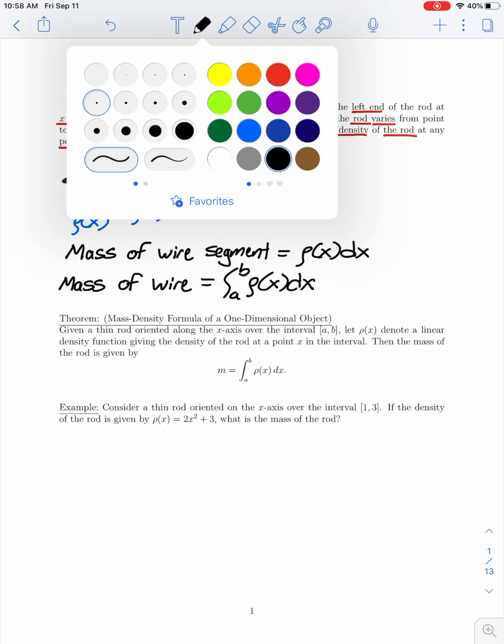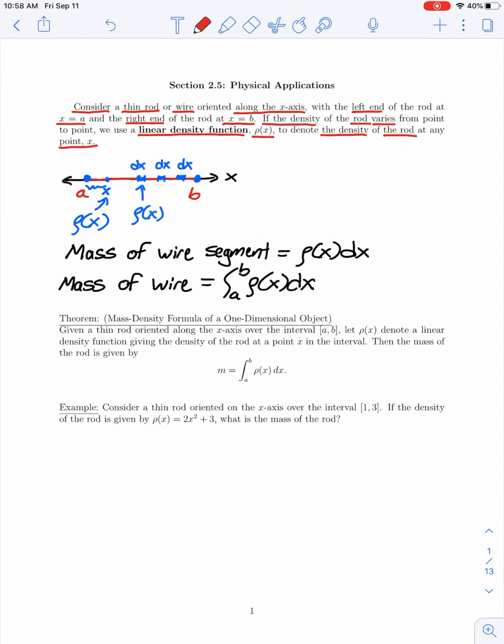So we arrive at the following theorem, which we refer to as the mass density formula of a one-dimensional object. Suppose that we're given a thin rod or perhaps a wire oriented along the x-axis on the interval from a to b, and let rho of x denote a linear density function, giving the density of this rod or this wire at a point x within our interval from a to b.